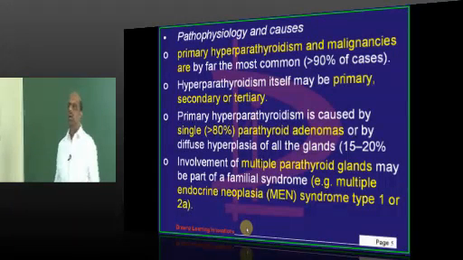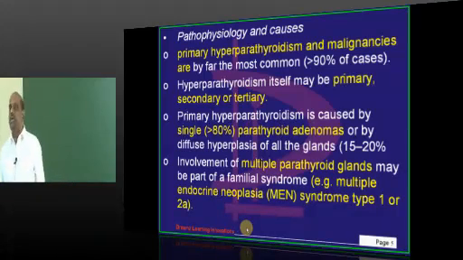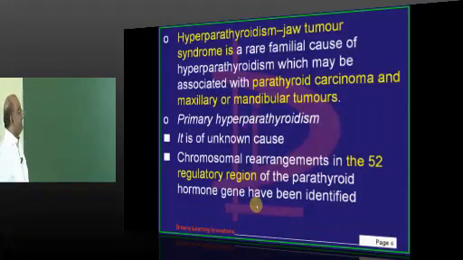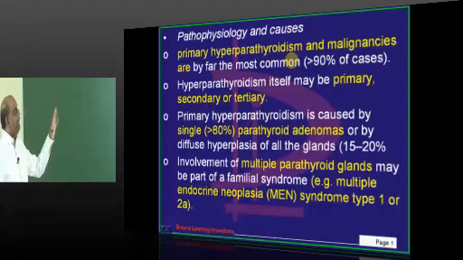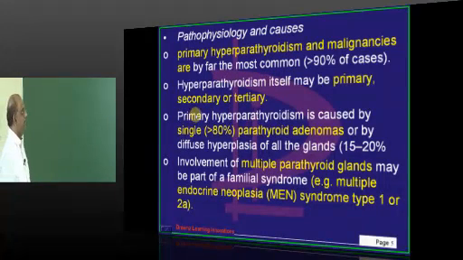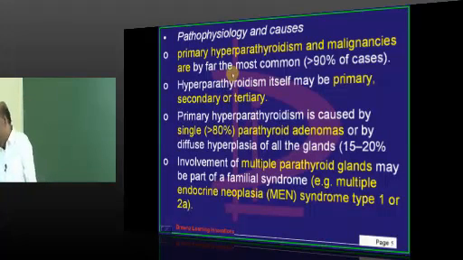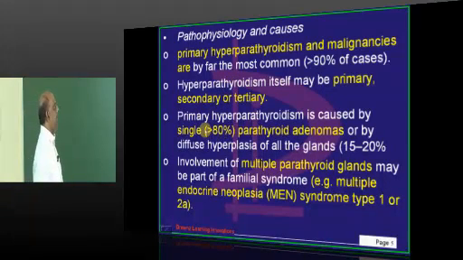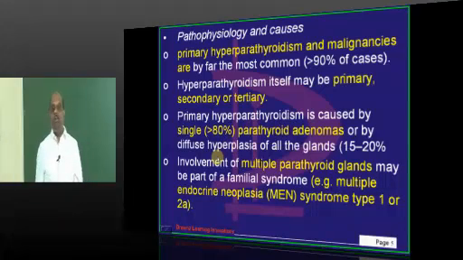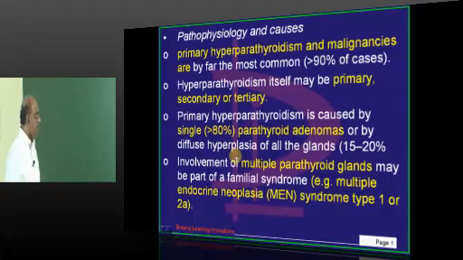So now, what are the main causes and pathophysiology of hypercalcemia? Primary hyperparathyroidism and malignancies are the most common causes. Hyperparathyroidism can be primary, secondary or tertiary. Primary means the parathyroid adenoma; generally a single adenoma is responsible for the development of hypercalcemia.